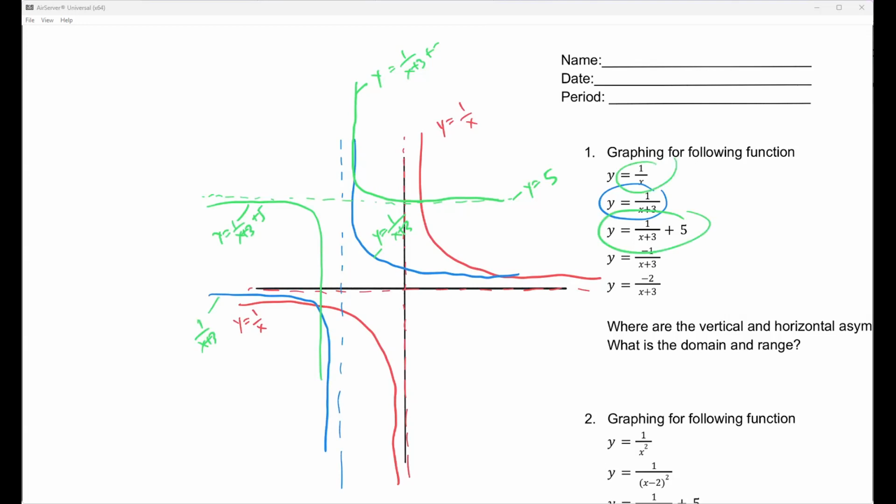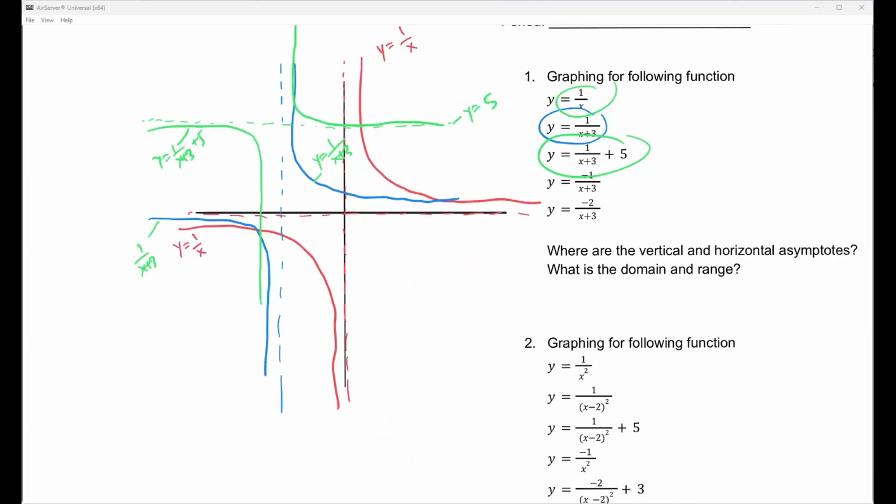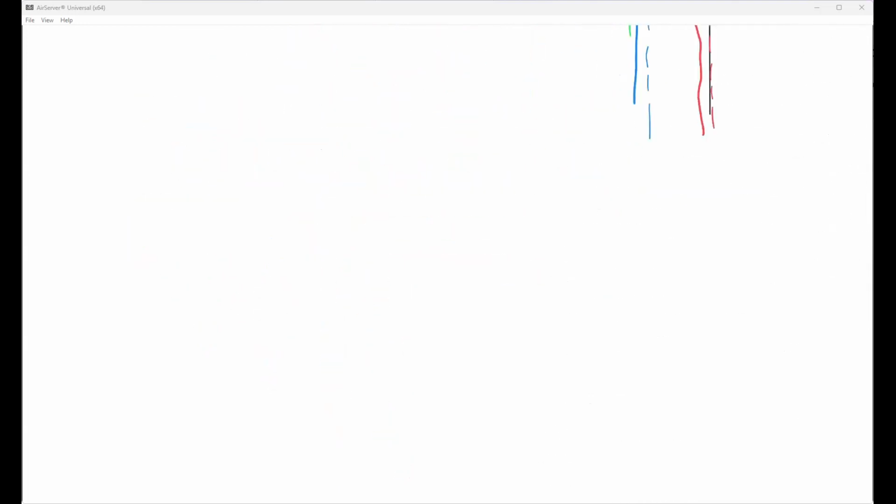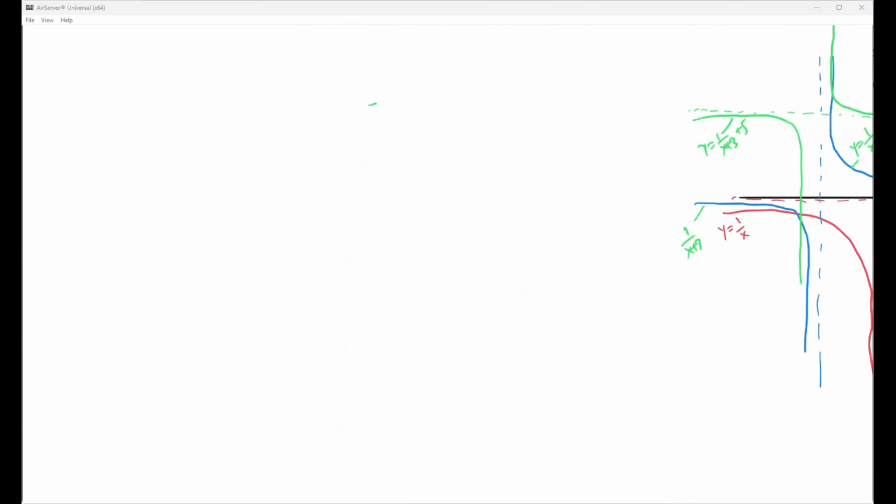Cool. Number 4. Now the fourth one. We have a -1 over x plus 3, right? What does a negative do? It reflects over the x-axis. Good job. So let's graph this.